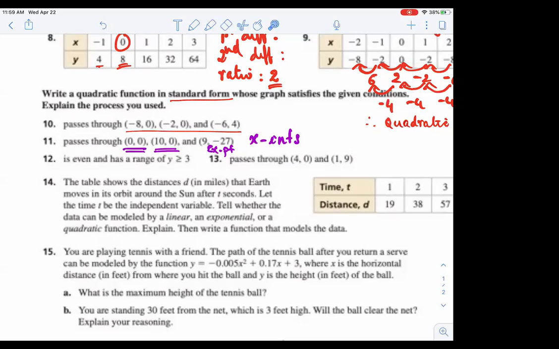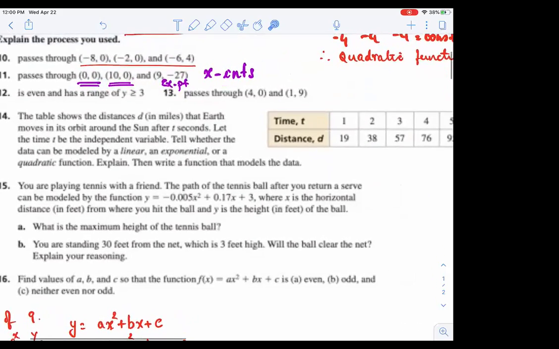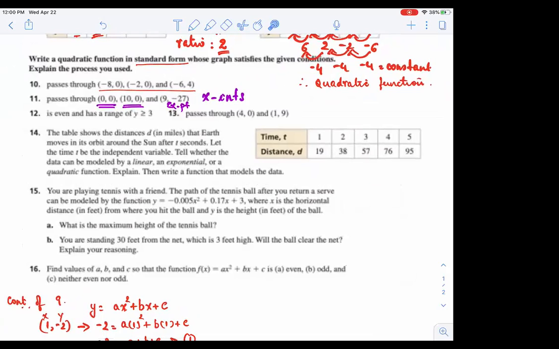But the other one is just a point, and you know that that's not enough to start the intercept form, right? So 13 is kind of an ambiguous case because you can think of this as the vertex if you want, or just an extra point. So I'm just going to skip 13 for now. It's not clear, the question. But I would like to do 14. So let's try 14.